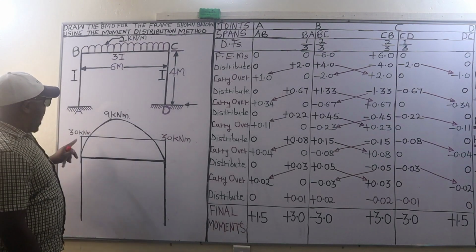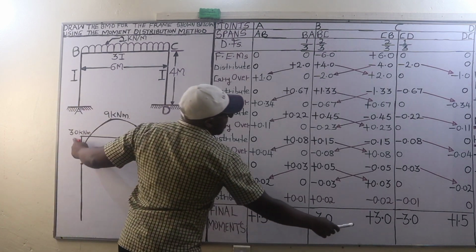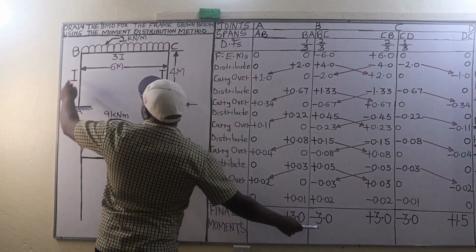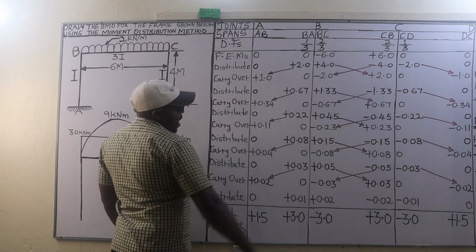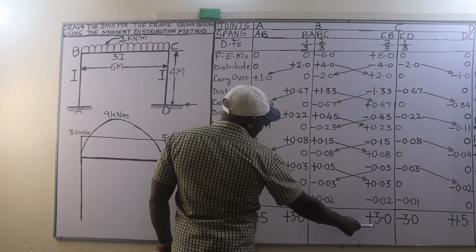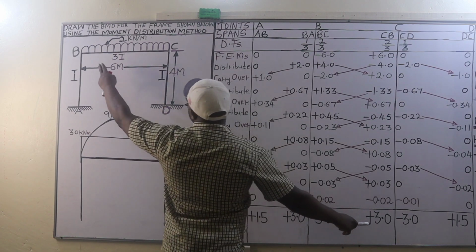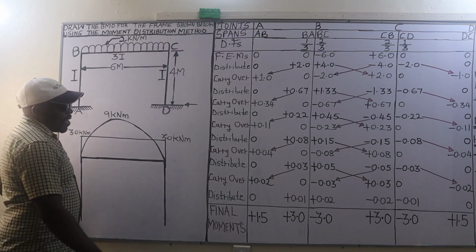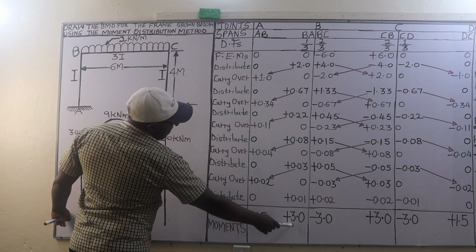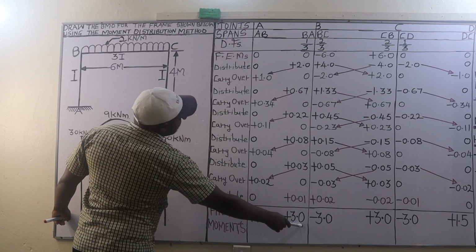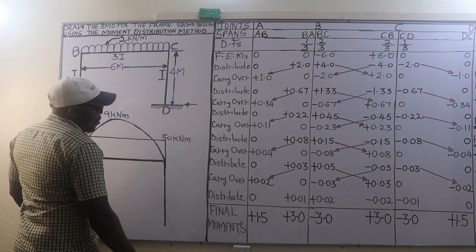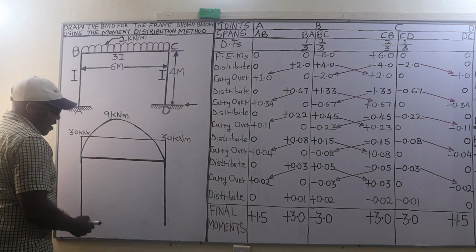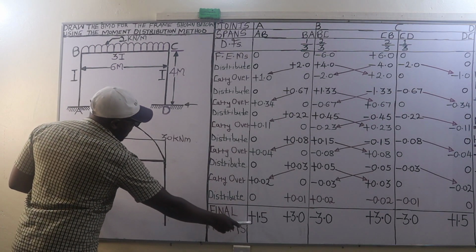For joint B, I have plotted the bending moment on member BC. For joint C, I have plotted the bending moment on member CB. Then on member BA, we got a moment of positive 3.0 kilonewton meters, and on member AB, we got 1.5 kilonewton meters. So let me start with joint A, member AB.